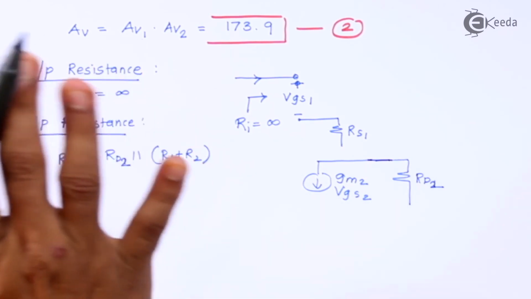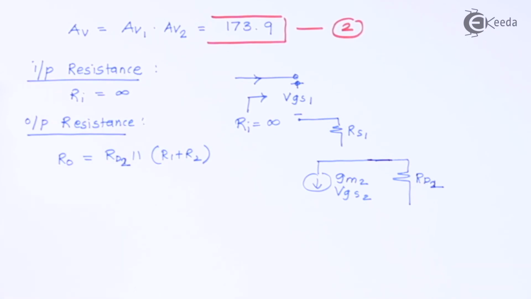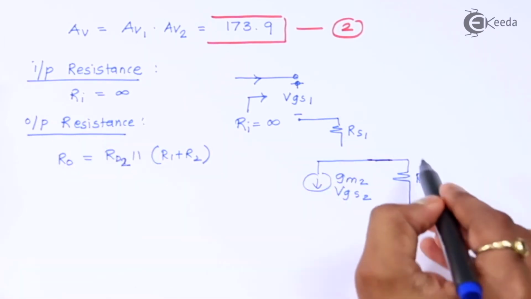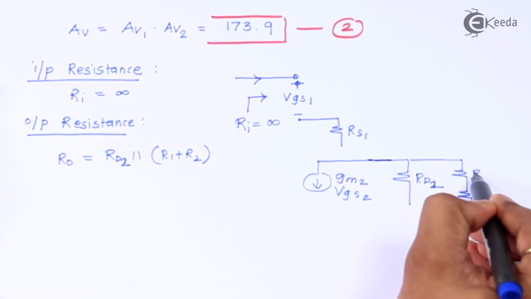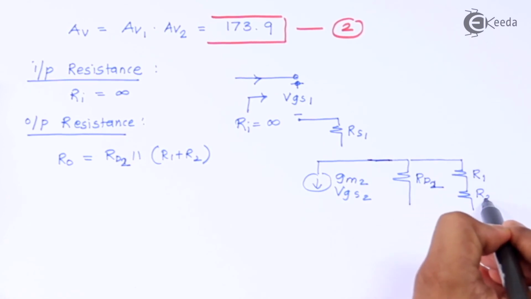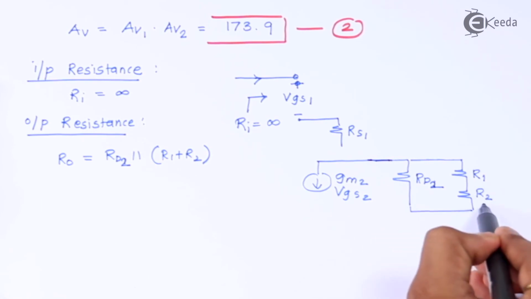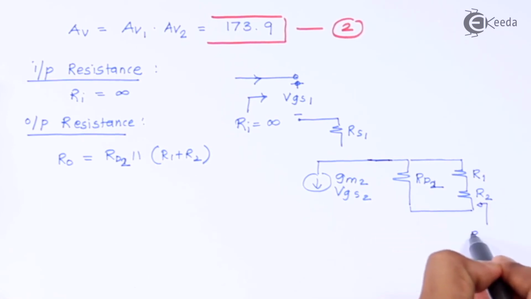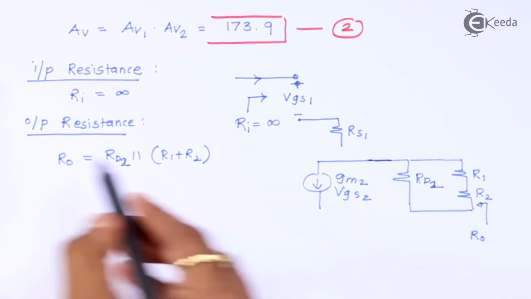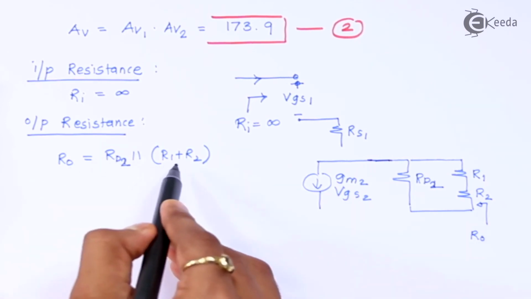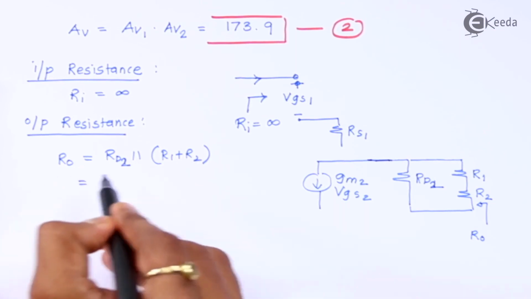Both values are the same, so as far as calculation is concerned, you will not get any wrong answer. RD2 in parallel with the series combination of R1 and R2. This is how we get the value of RO. So RO is RD2 in parallel with R1 plus R2. Let's find out that value.